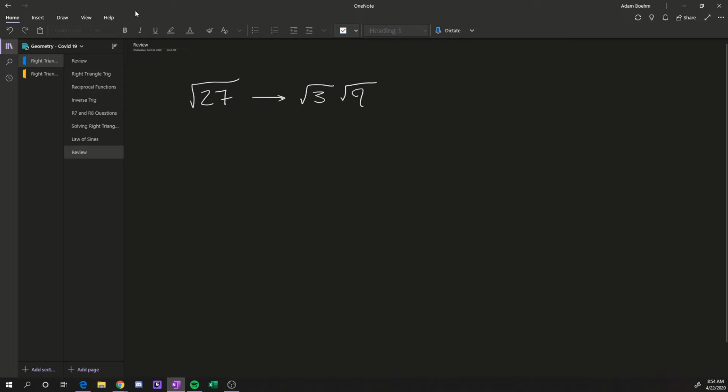And then we can simplify that square root of 9. That's just 3. The square root of 3 is remaining. So this ends up being 3 rad 3. So it's all about factoring. If you can factor really well, this really isn't that difficult.